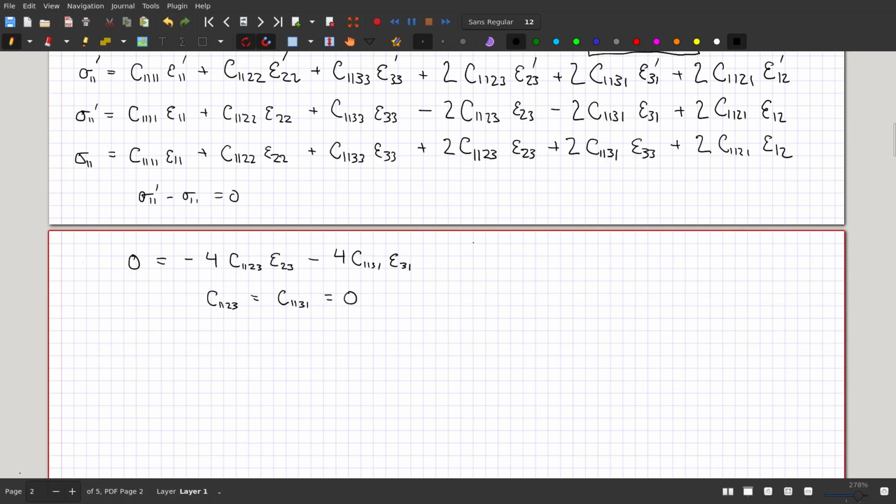Now, that was just one component of the stress tensor. There's 9 more, or 8 more.